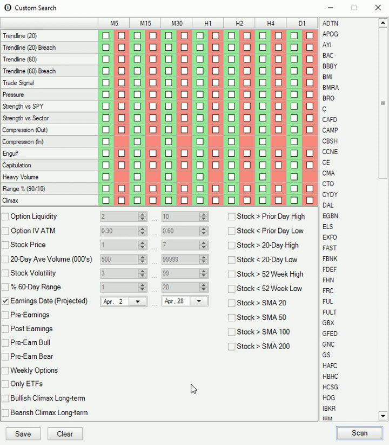Some of you might like trading ahead of earnings, and there's something that is a really effective tool. So I'm going to keep earnings date projected, and here I'm going to look for a stock that also releases in this time frame, but I'm going to use another search criteria: pre-earnings bull.